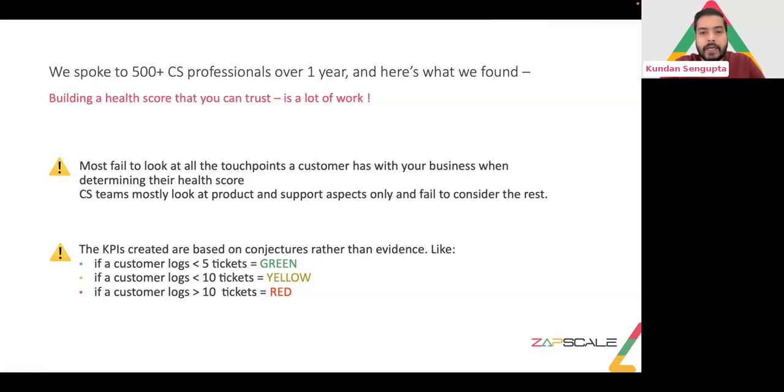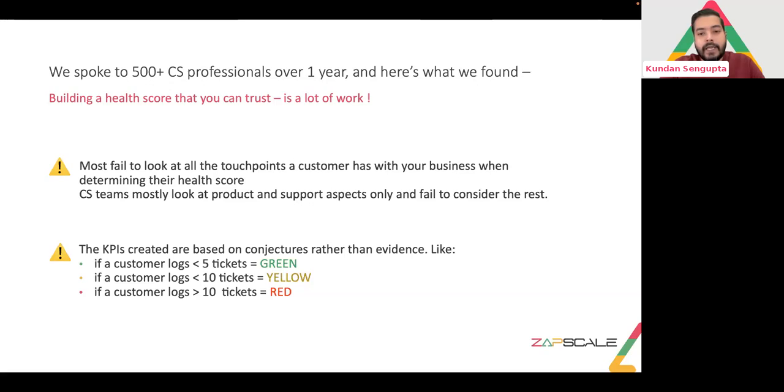But tell me, how many times has it happened that your customer has been using your product till the last day, right up until you get to know that they're moving to another business? Or a customer has not raised any support ticket at all, but there has been a time when they have come and told you that they want to move on. These happen because you are not looking at the entire picture.